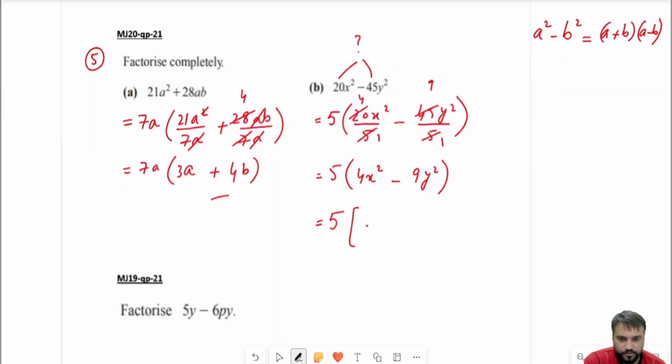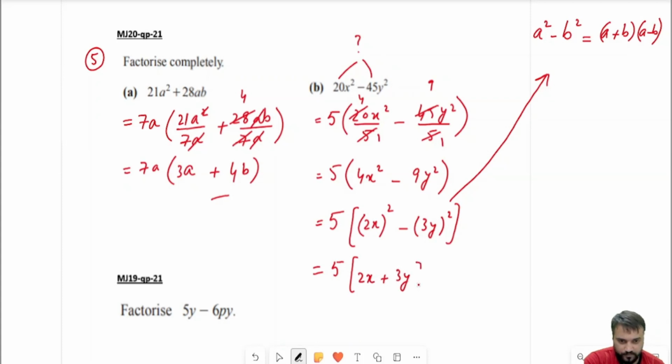I can write 4x square into 2x whole square form, and 9y square can be written as 3y whole square, and apply this formula. So 1 time positive, that is 2x plus 3y, and 1 time negative, 2x minus 3y. You have to solve the question completely.